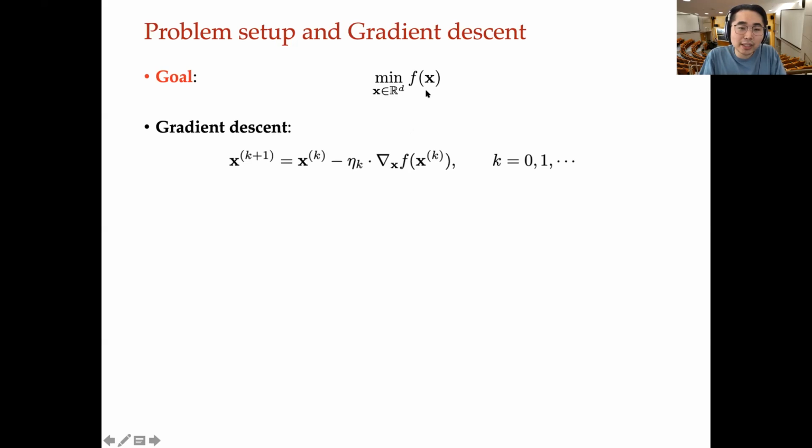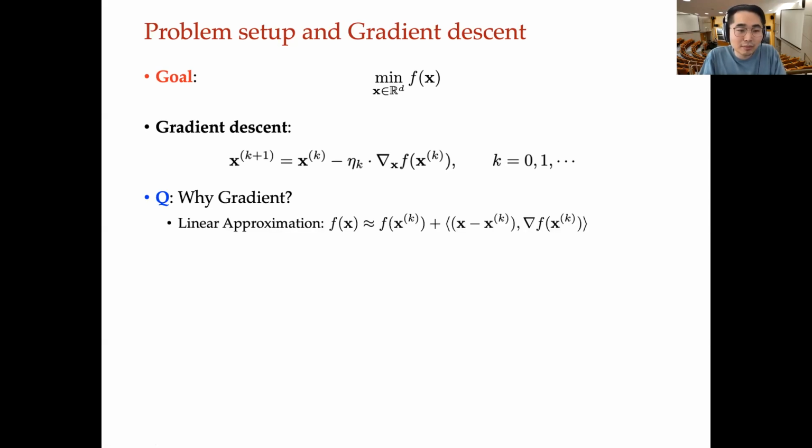The most fundamental scheme for achieving this goal is to run gradient descent, written in this simple manner as an iterative scheme using the gradient. In the first place, why do we want to use the gradient? This could be just optimization 101, but it is based on the linearization principle. We can approximate our objective function linearly around the current point.